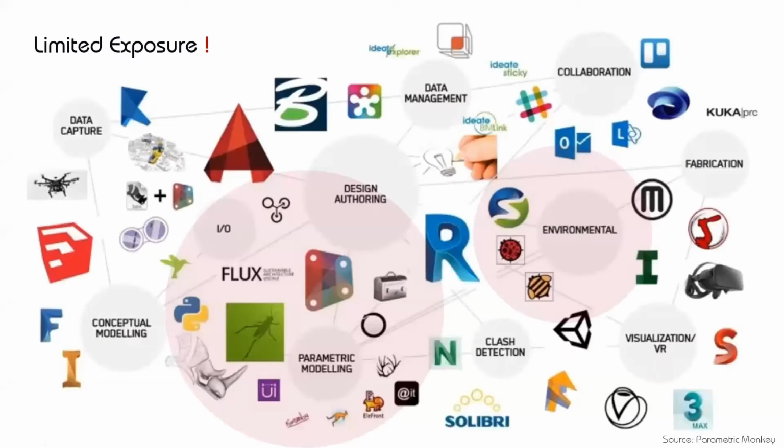While we have access to a lot of tools related to data capturing, conceptual modeling, data management, and visualization, our knowledge in the field of parametric modeling software and environmental analysis software like Grasshopper, Flux, Generative Components, and the environmental analysis plugins of Grasshopper like Ladybug, Honeybee, Millipede, and Fox, which are used for fabrication techniques, is limited.